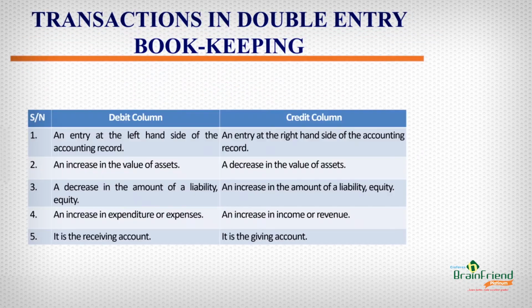Let's proceed by looking at the two columns we have in double entry bookkeeping. There are basically two, the debit column and the credit column. So what do you find in the debit column? Under the debit column, we have an entry at the left-hand side of the account record.